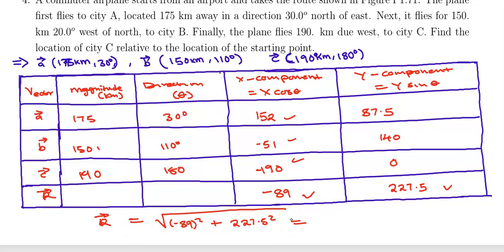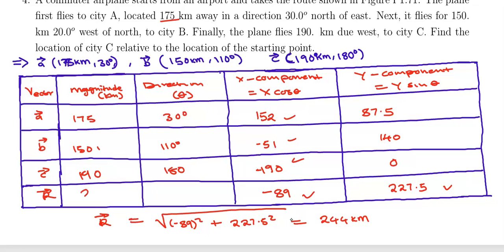After we put this on our calculator, we get 244 kilometers. And this makes more sense because the resultant vector must be bigger than these minor vectors we have: we can see we have 175, 150 and 190.